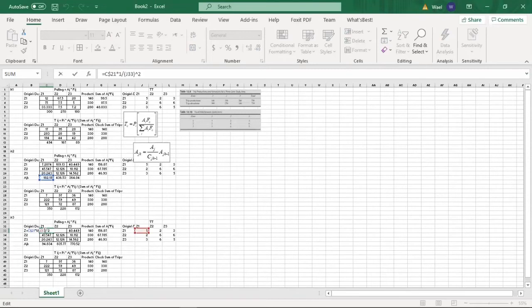Okay, that's the attraction. So this attraction, according to this formula, will be as follows.